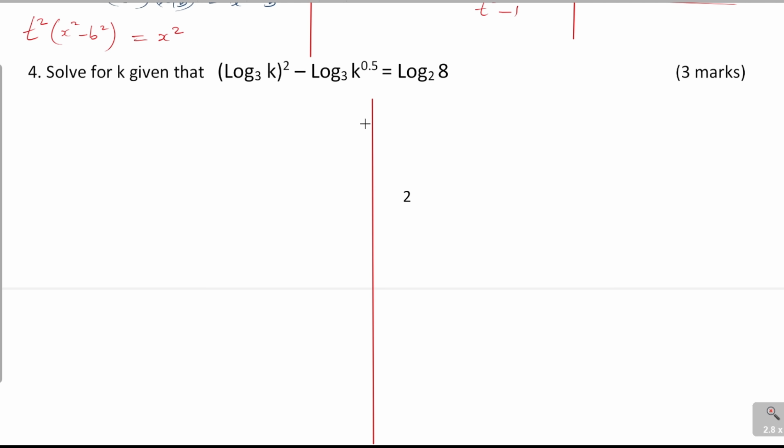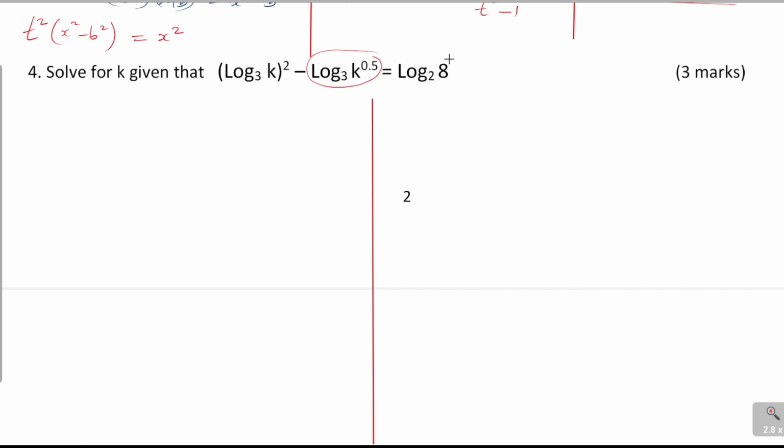Now let me look at one thing here. When you look at this term that is here, you need to know that when you raise this k to power 0.5, that is the same as a half. A half is going to simplify the whole thing. So you can just write that one as 1 over 2 instead of 0.5, just to see whether that is going to simplify the whole thing.